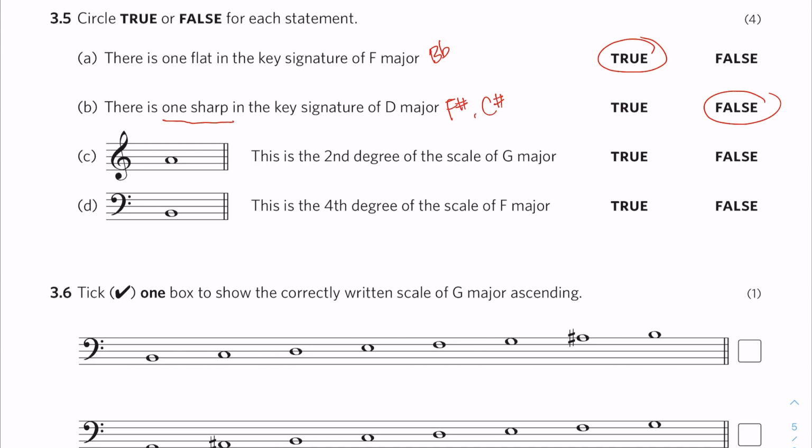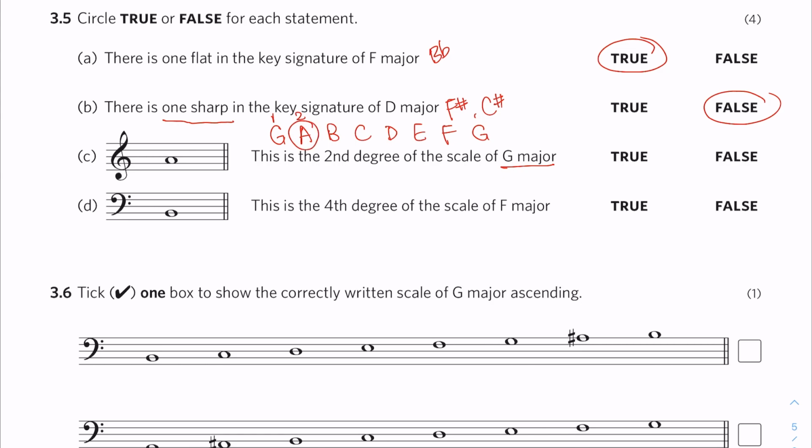Next, question C. This is the second degree of the scale of G major. Okay, if we write out G major, starting with G, because G will be the tonic in G major: G, A, B, C, D, E, F sharp, G. That's your scale. So which one is the second degree? This is 1, this is 2, this is your second degree.